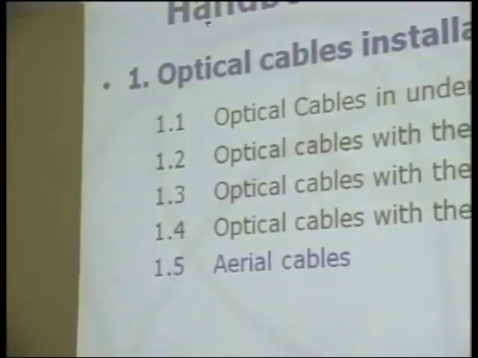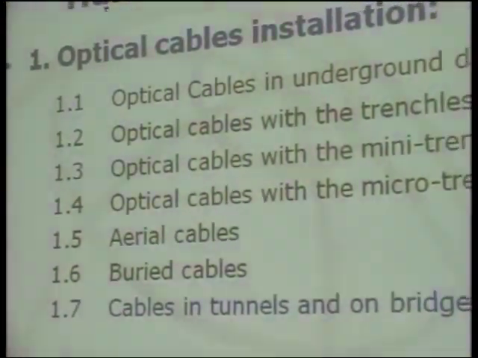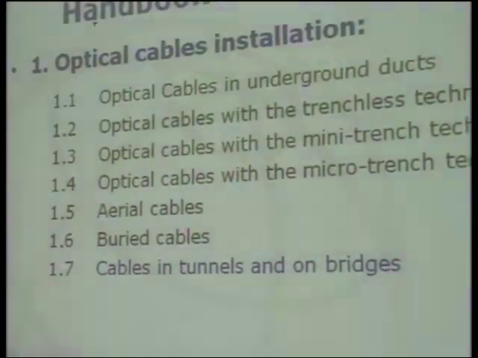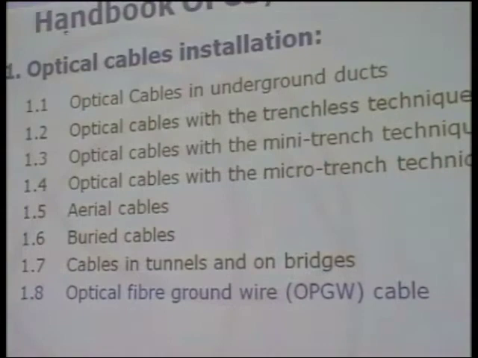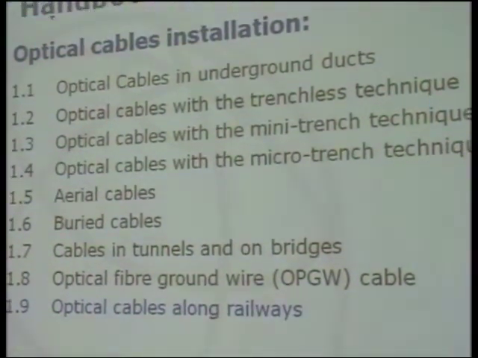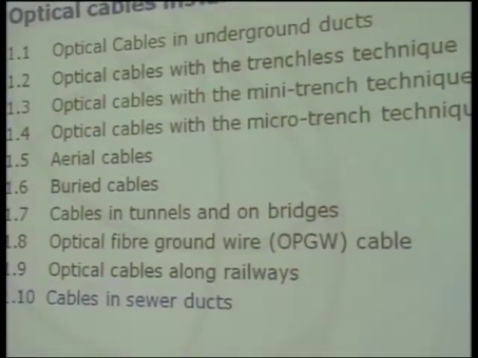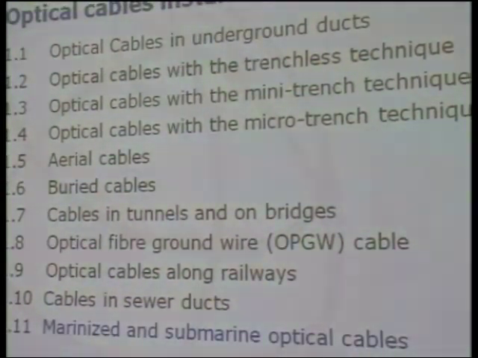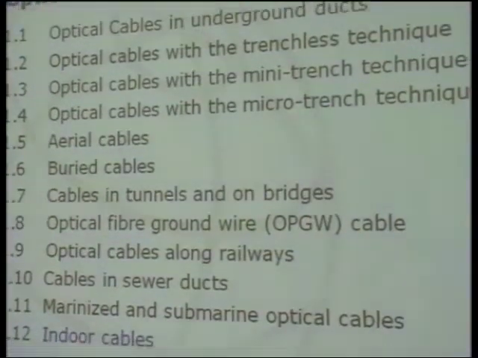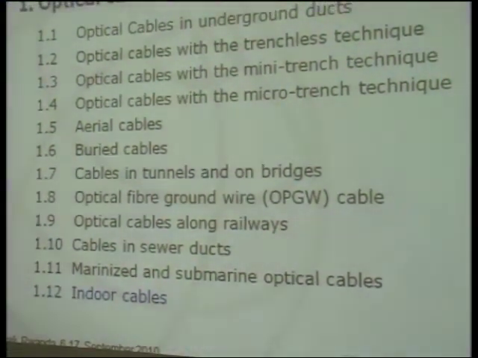After that, we will deal with aerial cable, buried cable, cable in tunnels and on bridges, optical fiber ground wire cable, OPGW, and optical cable along railways, cables in sewer ducts, marine and submarine optical cables, and indoor cables.